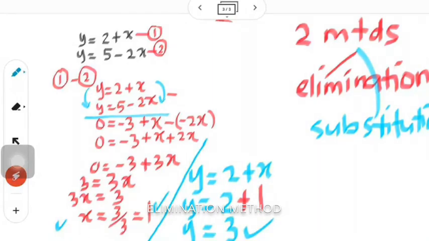Lepas tu kita belum habis lagi, kita kena buat y. Lepas tu y is equals to, kan dah dapat x, so mudah. Jadi y equals to 2 plus 1, y equals to 5 minus 2. Jadi bila kita dah buat yang equation 2 plus 1 dengan 5 minus 2 tu, kita dapat y. So y is 3. Okay, so Izati guna equation yang kedua ya untuk cari y.